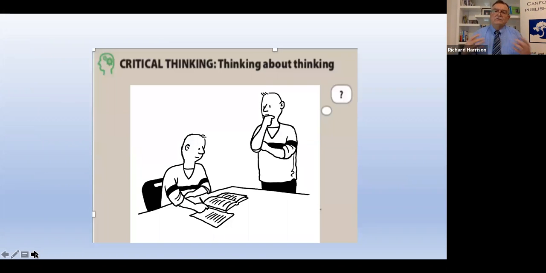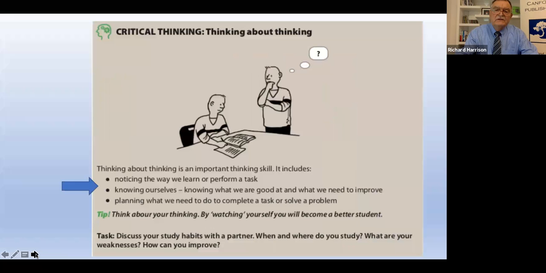So let's go back to the first approach, thinking about thinking. Getting students to think about their own thinking is really like asking them to step outside their bodies and look at themselves objectively. And to notice the way that they learn, for example, or perform a task.